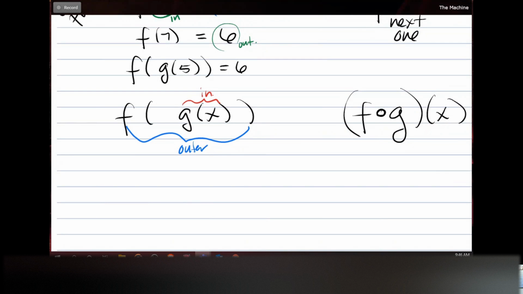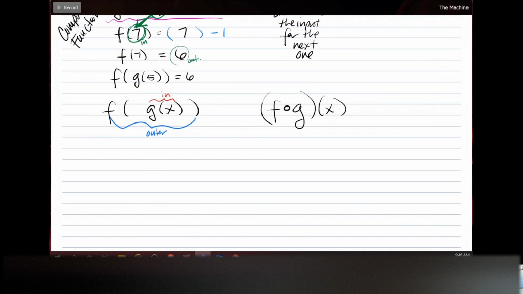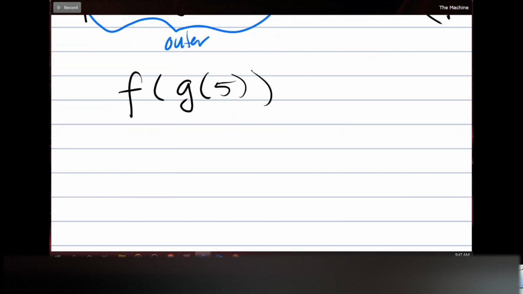Okay. Let me do it a bit differently. Now, I'm going to do the same problem, but I'm going to do it in my nomenclature. I'm going to do f of g of, what was the input? 5. F of g of 5. Well, this is going to be f of, what's g of 5?